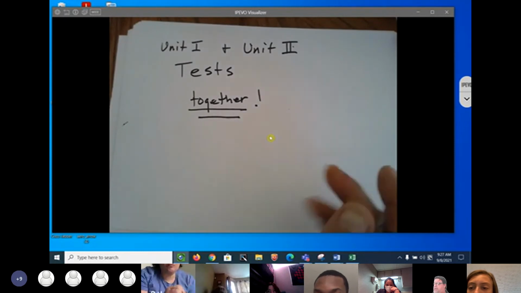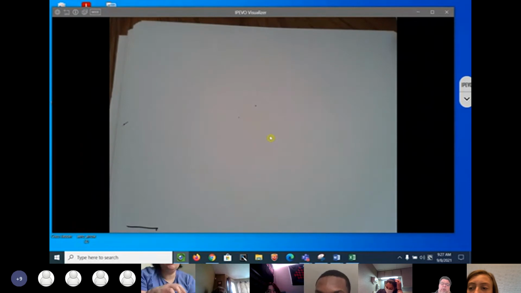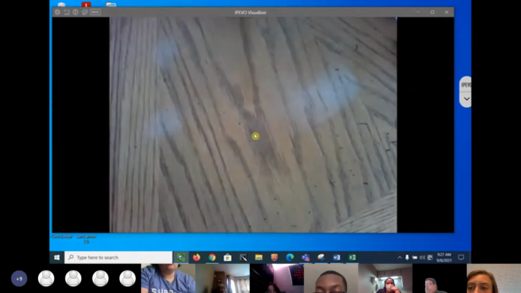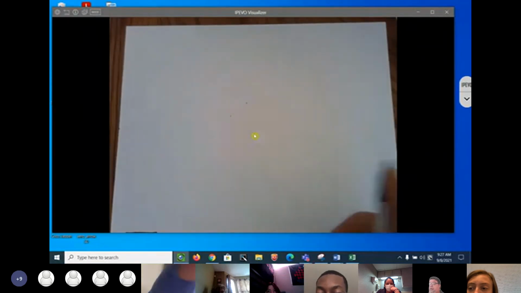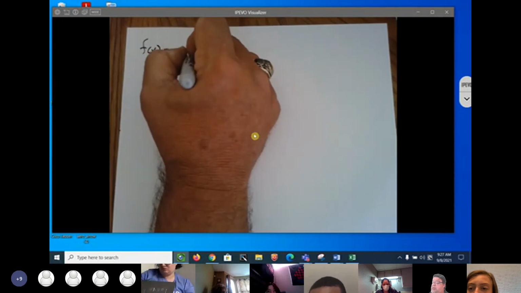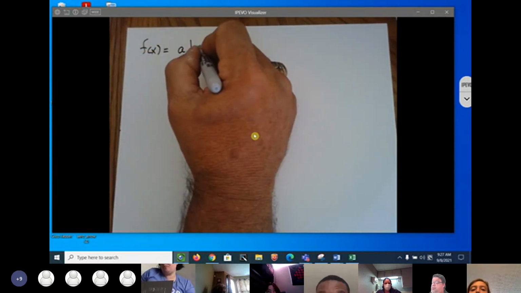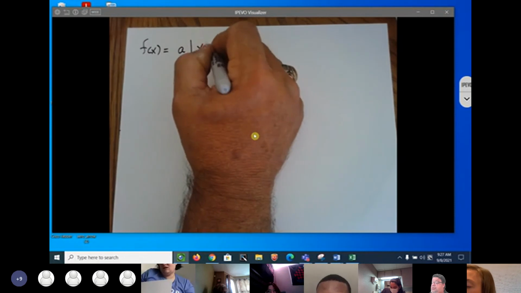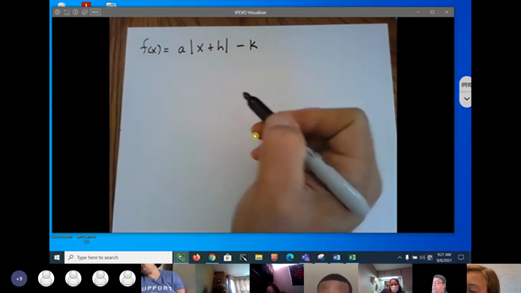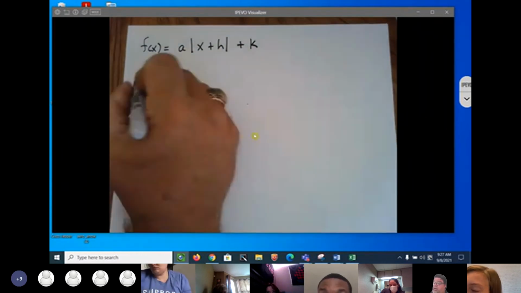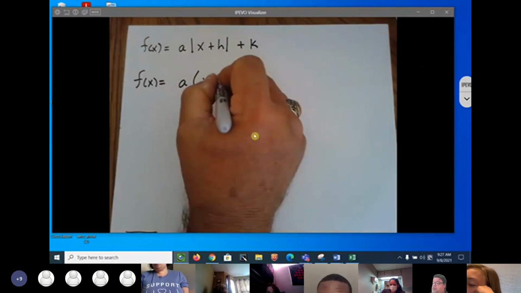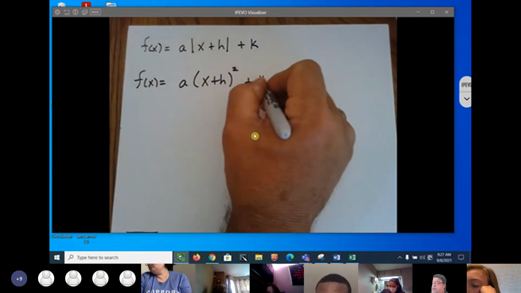Now, for example, here are several equations you're going to see in this section. You're going to see f of x is equal to a times the absolute value of x plus h, plus k. And you might see f of x is equal to a times quantity x plus h squared, plus k.